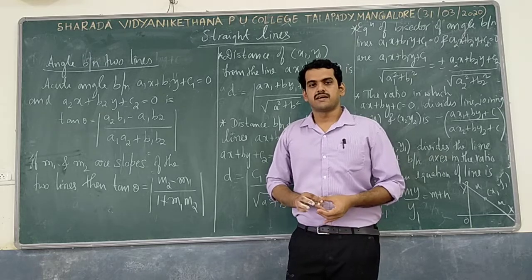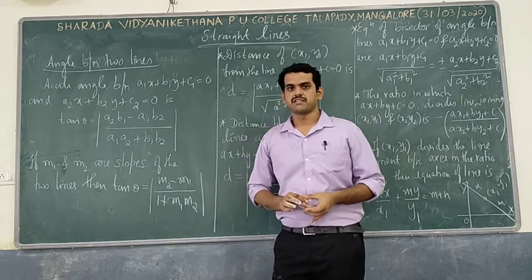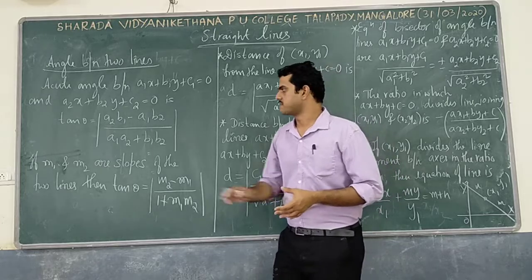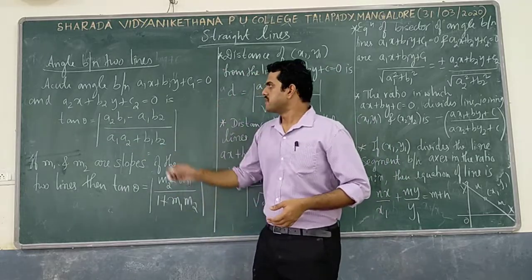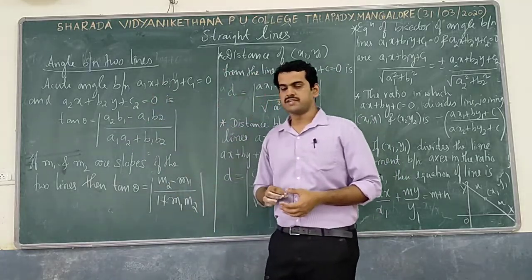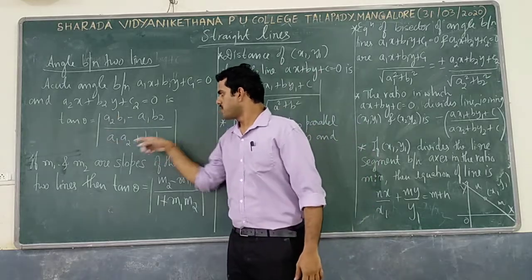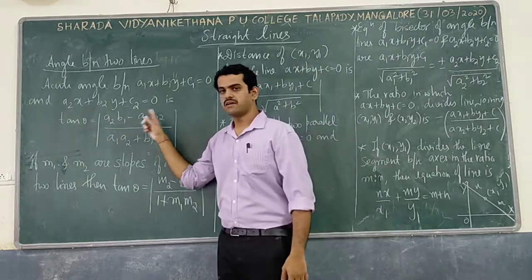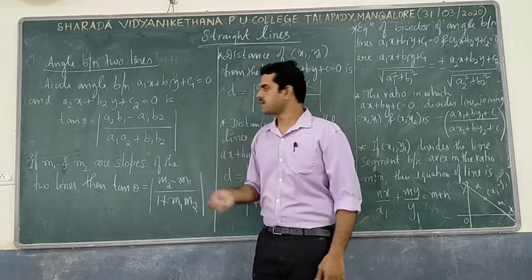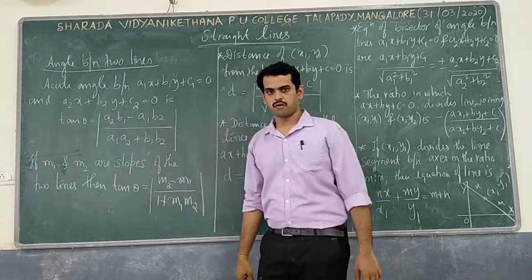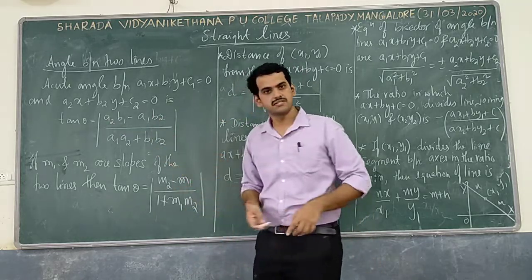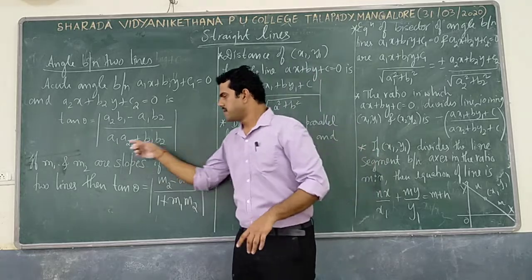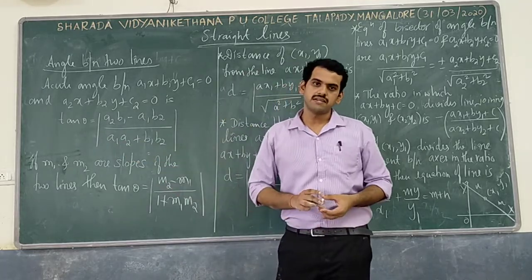Then the angle between the two lines can be given by the formula tan θ = |a2 b1 - a1 b2| divided by (a1 a2 + b1 b2). Observe the coefficients; you can even take it the other way, no problem, because we are going to take the modulus at the end.